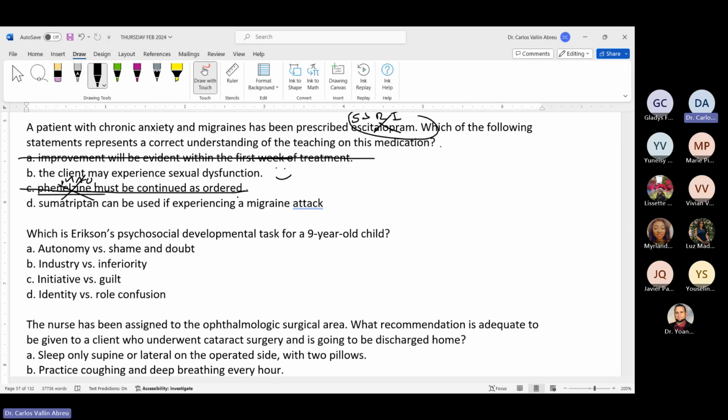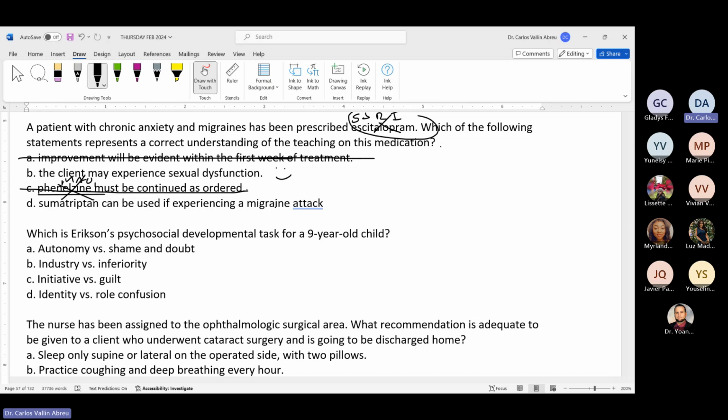And as a matter of fact, if the client was taking phenelzine, a MAO inhibitor, as stated in this option, the client needs to wait 14 days, 2 weeks, without taking the phenelzine to initiate the escitalopram. Needs a washout period, okay, because it's very risky to combine the two medications.